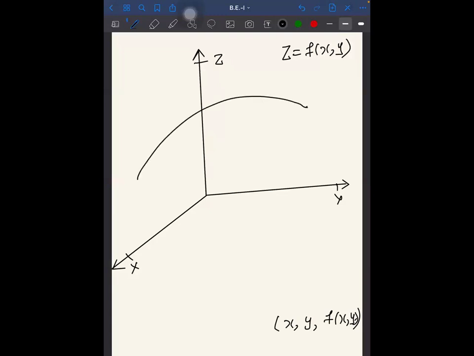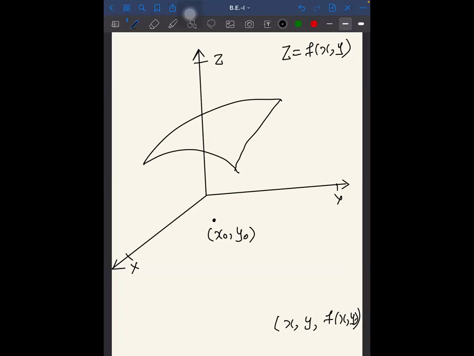Okay, so let's say this is a kind of sheet which we get at z. Let me make it more nice. So what is your partial derivative? Let's say this is the point, this is the domain point x naught, y naught.